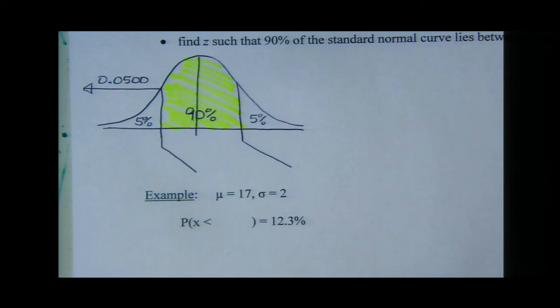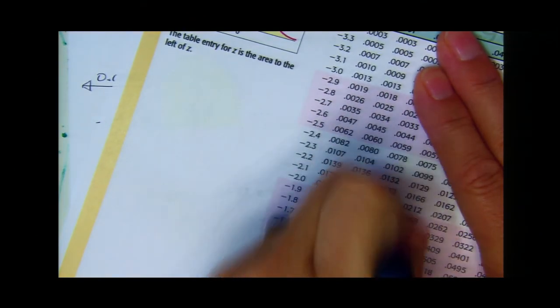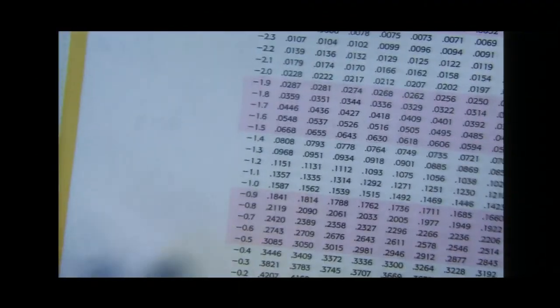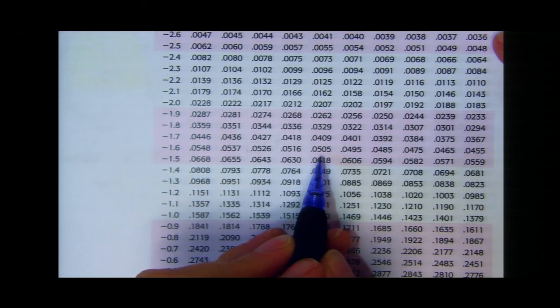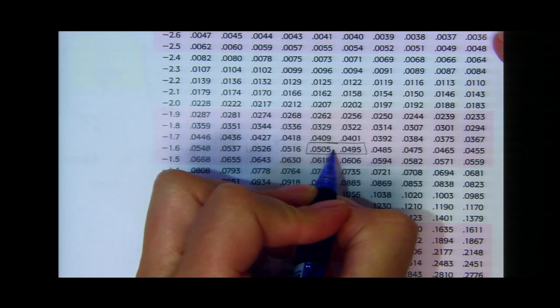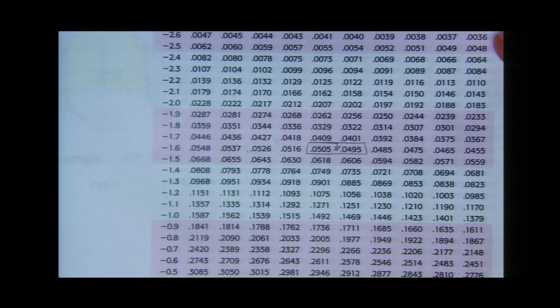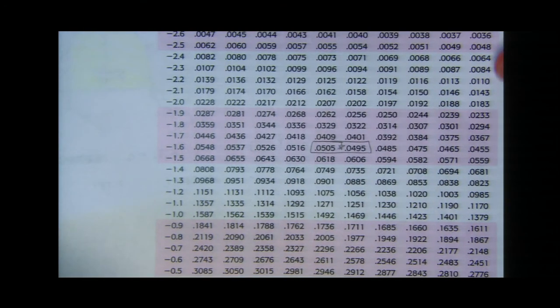All right, so I'm going to go to my table. Let me erase where I had written before. And we are looking for 0.0500. Well, here's 0.0505. So I find these two right here, and what we're looking for falls in between. So I'm going to write those two numbers.